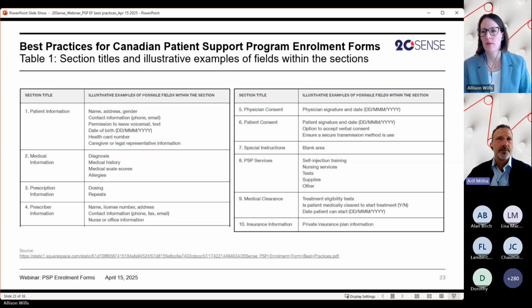Patient information: name, address, gender, contact information, voicemail, date of birth. And with each date you're going to see that a format is specified. So not all forms, but some forms actually had next to the date field the format that they were looking for. Health card number, caregiver information. So all of that in patient information.